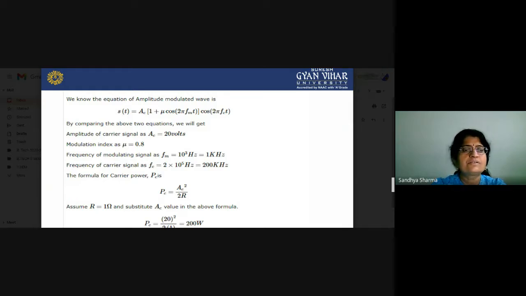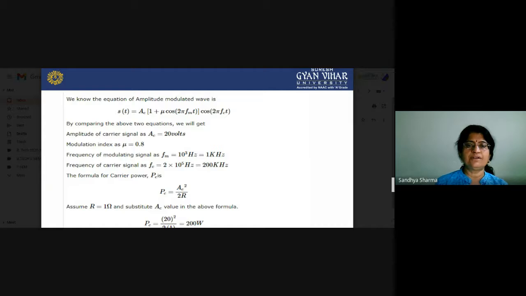Now switching to the formula for Pc, Ac square upon 2R. If you want to calculate the carrier power, you have to know Pc. Pc is the power carried by the carrier signal, and the formula is Ac square by 2R. R is generally assumed to be 1 ohm.